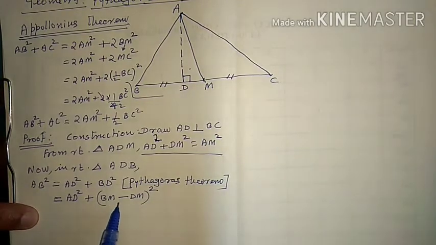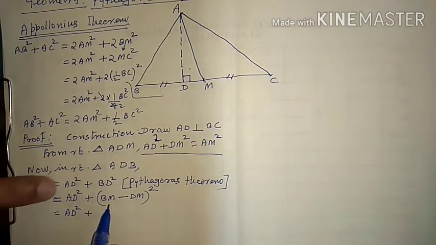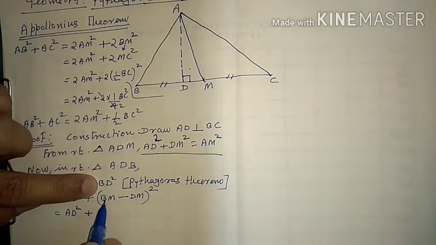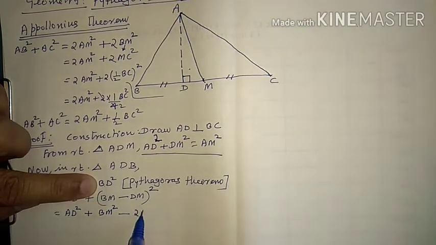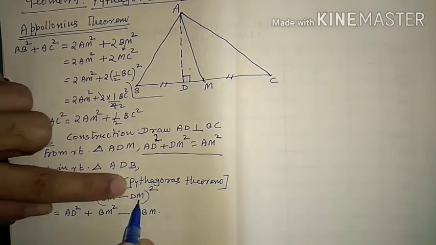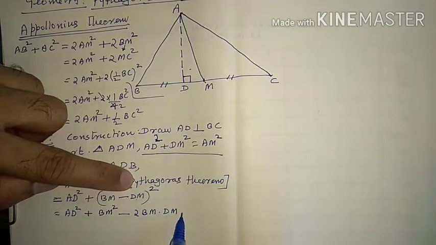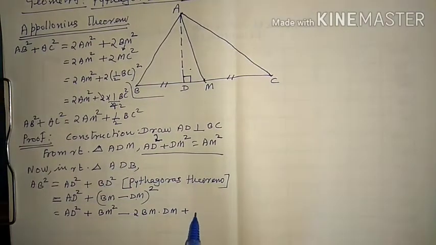Now we expand this part, the A minus B whole square form. This is AD square. Now A minus B whole square is A square minus 2 times BM into DM plus DM square.